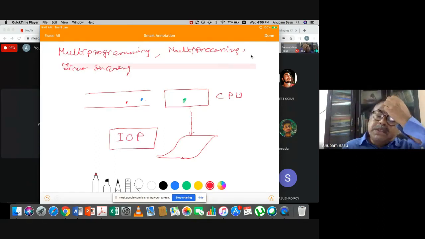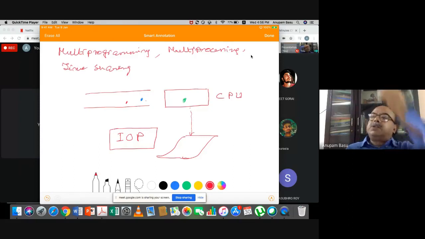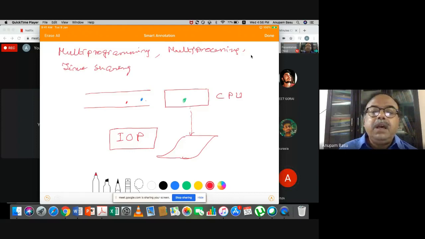An IO processor is similar to a CPU, another processor, but the instruction set of the IO processor is not as rich as the CPU.